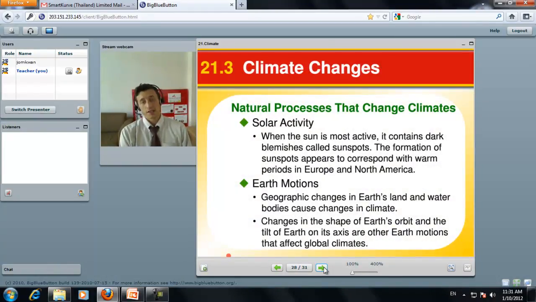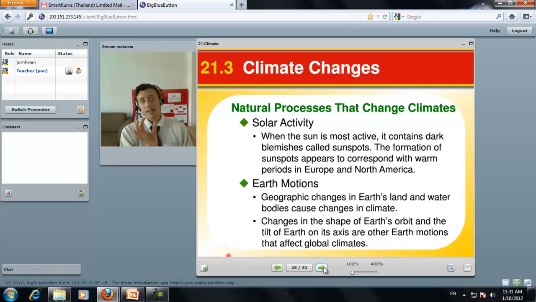Other processes. Solar activity. When the sun is most active, it contains dark blemishes called sunspots. Without going too much into that, it's caused by the rotation of the sun's magnetosphere. The sun, just like the Earth, has a north magnetic pole and a south magnetic pole, and that magnetic field will actually twist as the sun rotates.